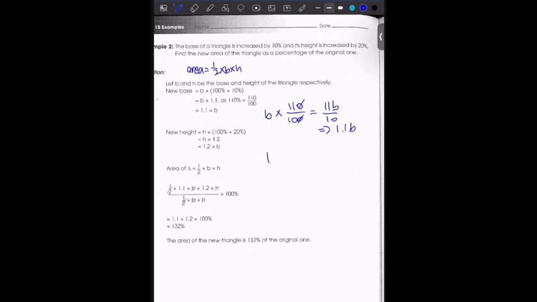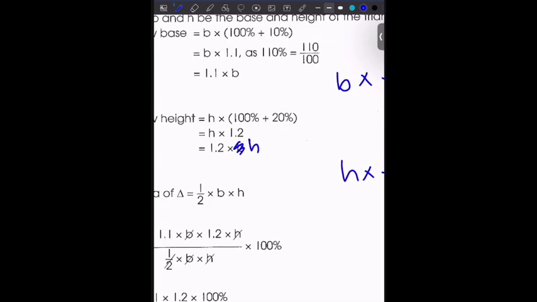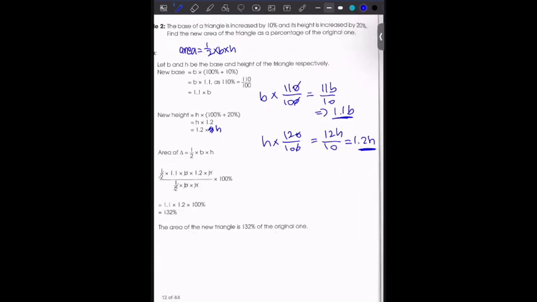And the height is going to be increased by 20%. And so that's going to be 12H over 10, or 1.2H. And so with the new base and new height, and also this was supposed to be written as H, that was a misprint.